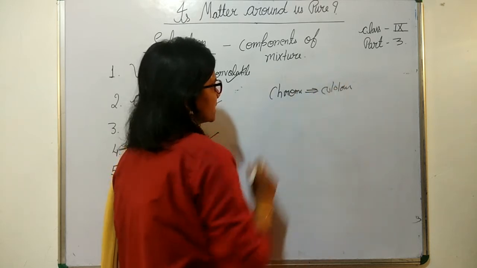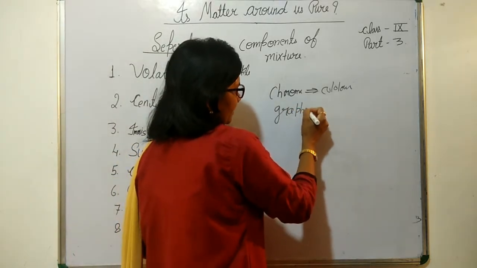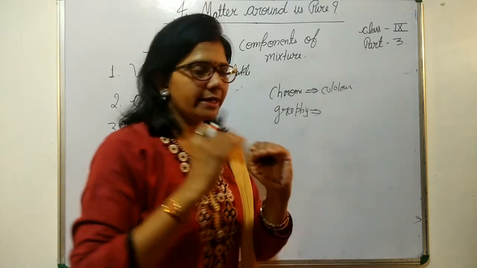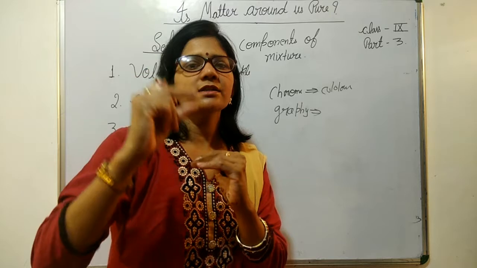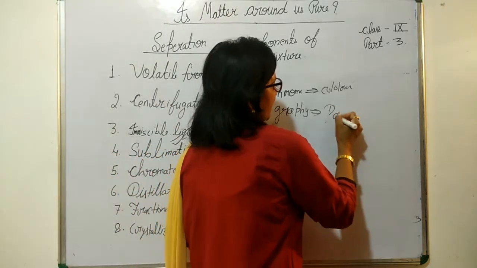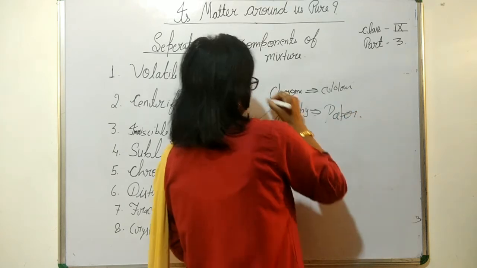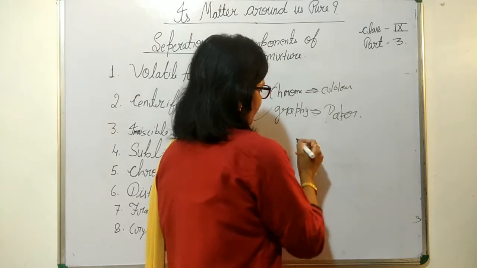On the basis of this we do it, and graphy, because we use a paper strip here and we get the marks of different colored substances on this paper. So we named it chromatography. How do we do it? Let's see.